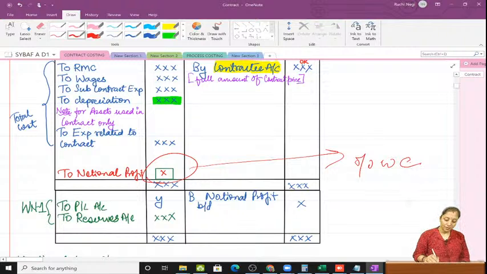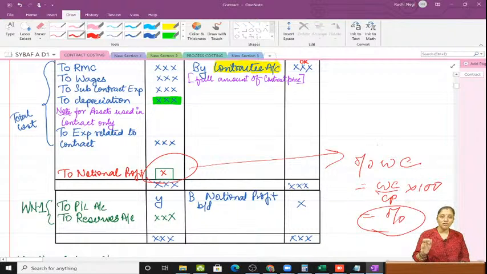Percentage of work certified is work certified upon contract price into 100. So you will get some percentage. There is a range according to which the formula is applied, and a part of the money is transferred to P&L account and the balance part is transferred to reserves account.